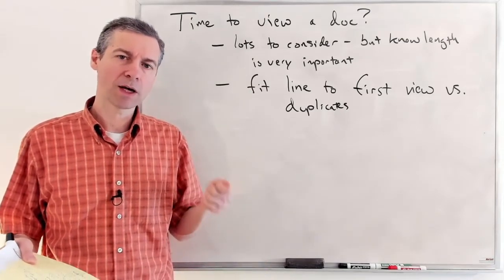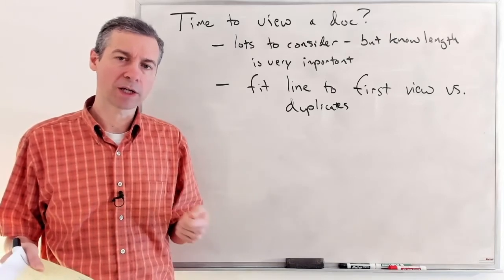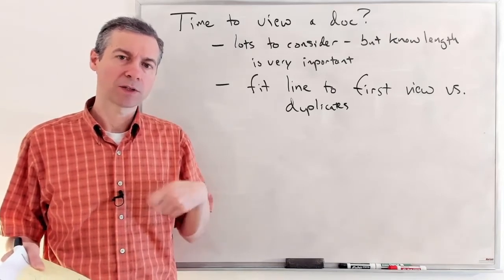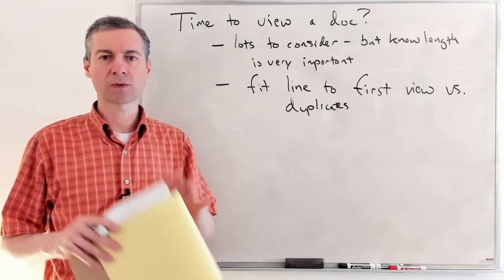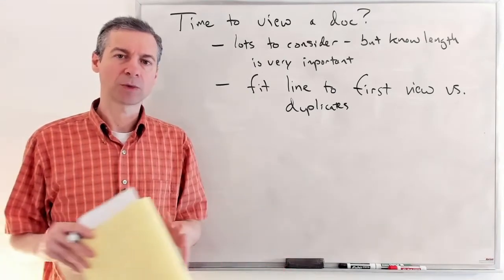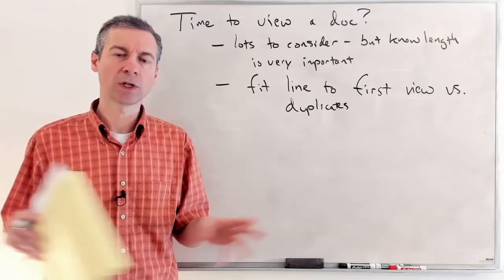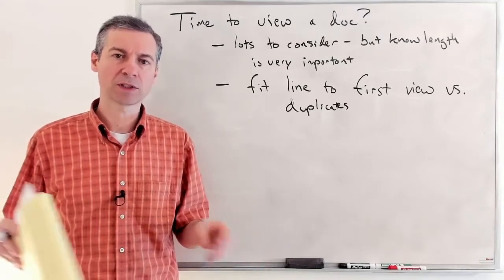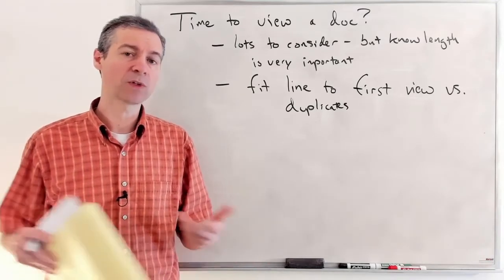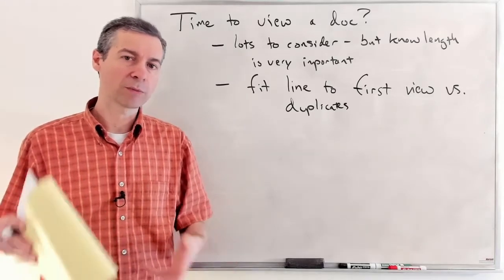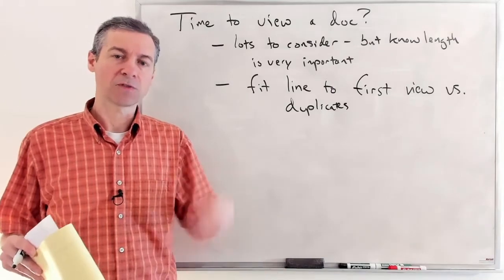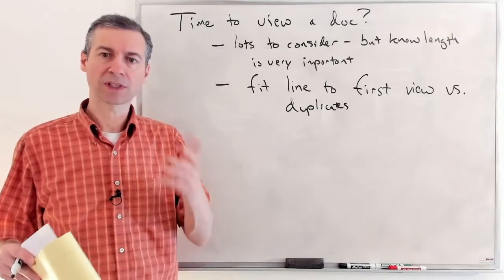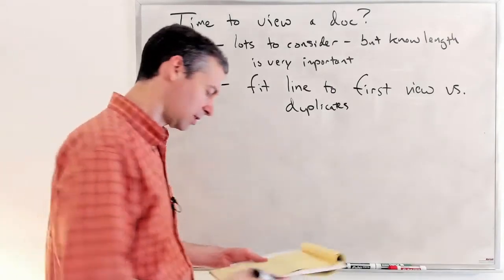So their time on a duplicate document is quite different than the first time that they see a document. What we've done is taken the collection and searched for near duplicates in it, and identified them. With these near duplicates, we're able to separately model the documents the first time they're seen versus later times that users see them.